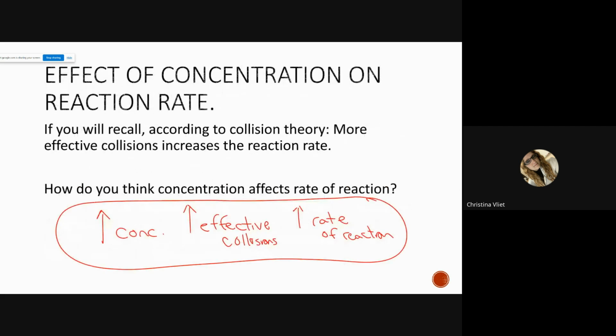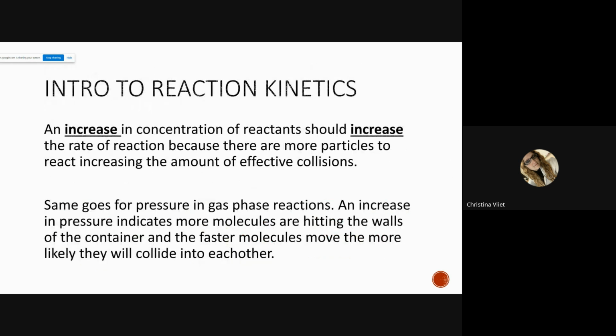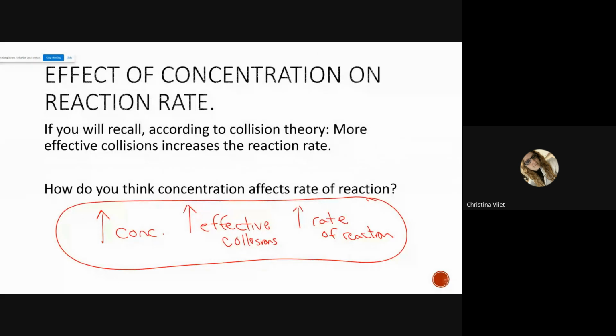One of the things you'll be exploring likely in the lab on Friday is a change in concentration on reaction rate. So that's what we said here. If you need more time, I'll pause for a little bit. The other thing we have to look at is temperature. How does temperature affect the rate of the reaction?